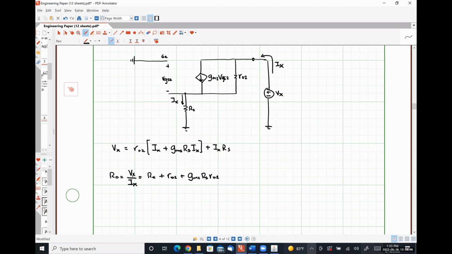At this point, we have everything that we would need in order to throw it into our feedback equations. So that is a feedback transconductance amplifier circuit. We only have 10 minutes left of class.